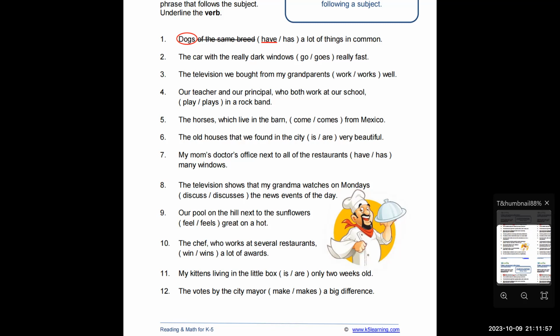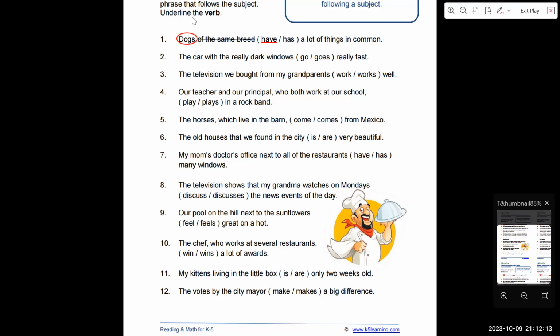The ghost. Right? Your answer is goes. What is the subject? It's the car. That's correct.